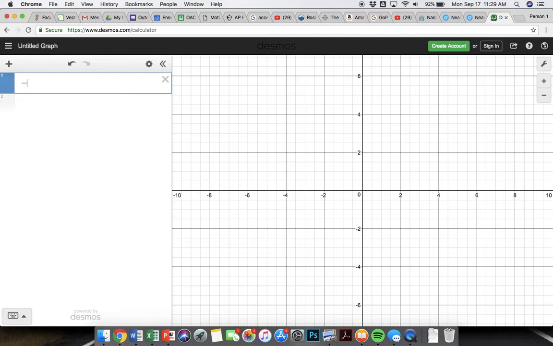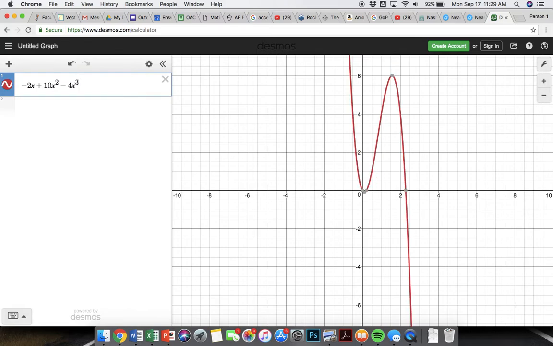Okay, the position was negative 2x, x being time here, plus 10x squared minus 4x cubed. If you're wondering how to do the squares and cubes, it's Shift 6 on your computer.